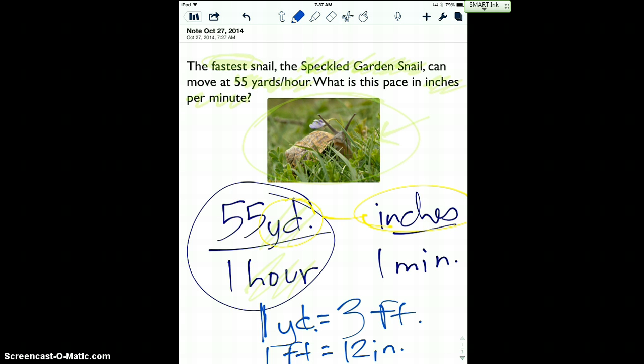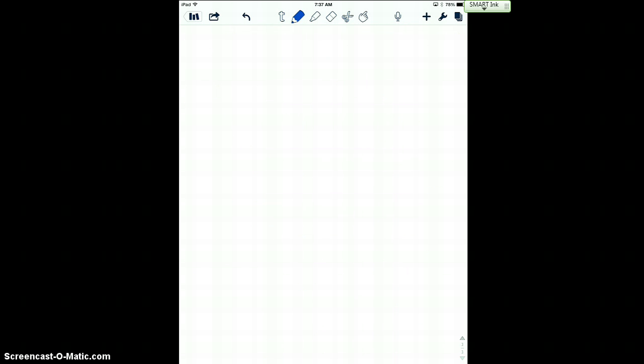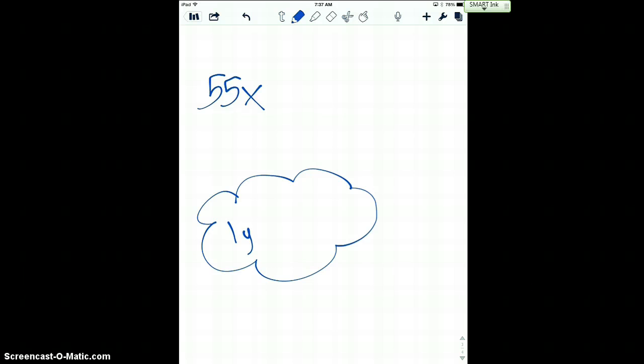So if you haven't been in Miss Eberly's group yet, we're going from a bigger unit to a smaller unit. And when we do that, we need to multiply by the conversion factor. So with the 55 yards, we're going to multiply that by our conversion factor for changing yards into feet.